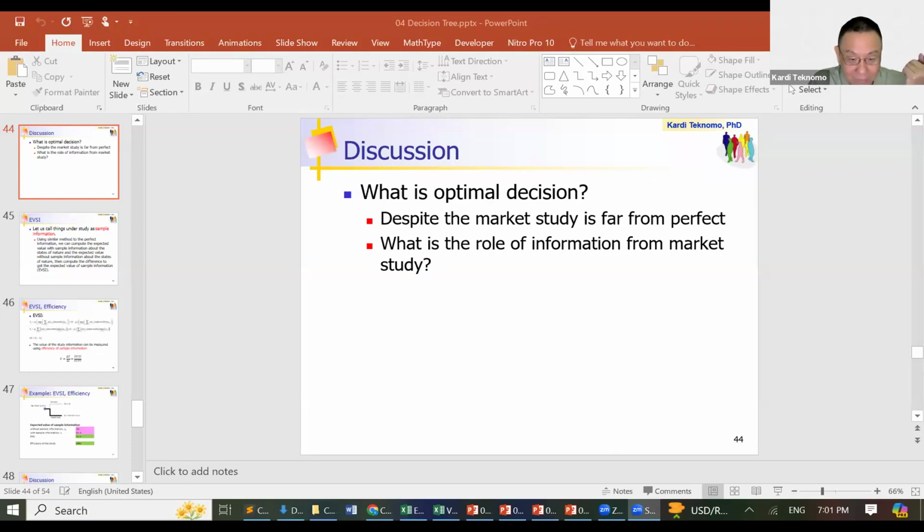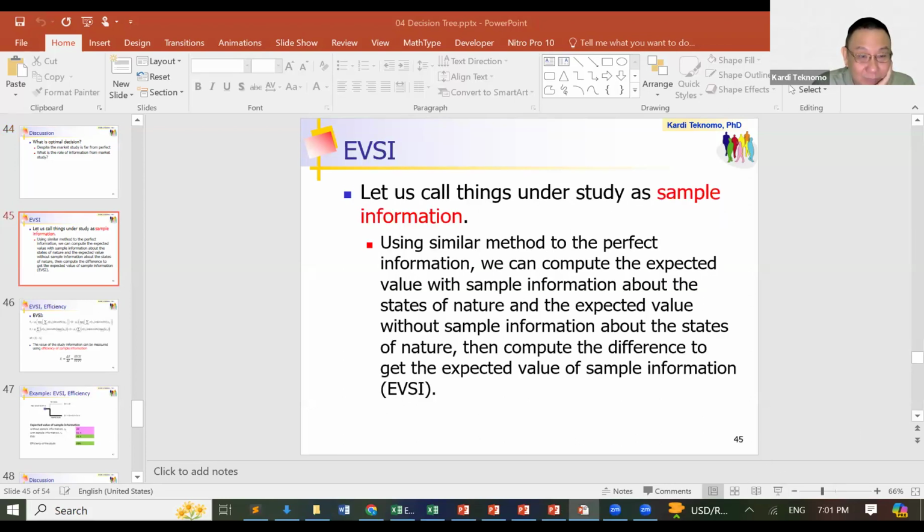Yeah, so what is an optimal decision, right? So we know that the market study is very far from perfect. So in our example, only 62% correct. Okay, and what will be the role of that information from the market study? So we can compute what is called EVSI.